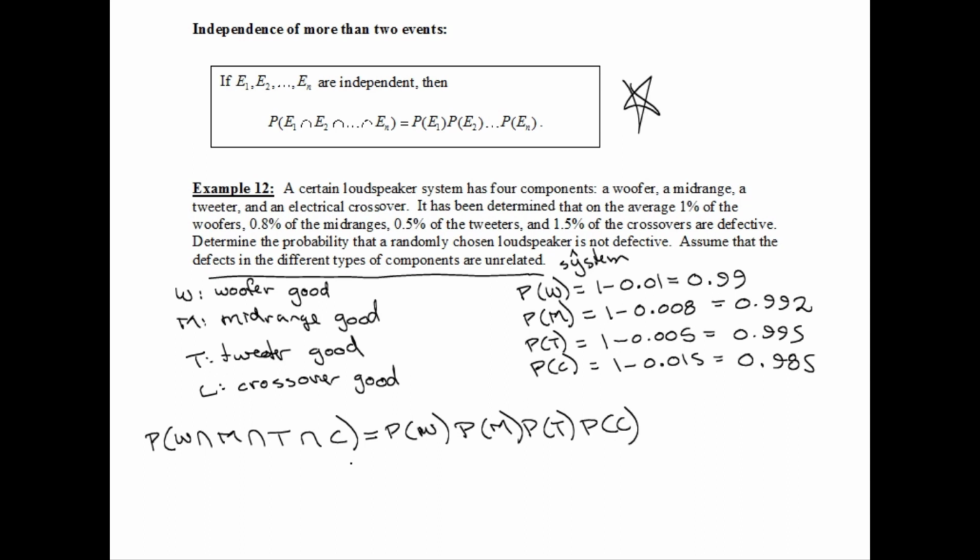So we can just multiply all these together: 0.99, 0.992, 0.995, 0.985.